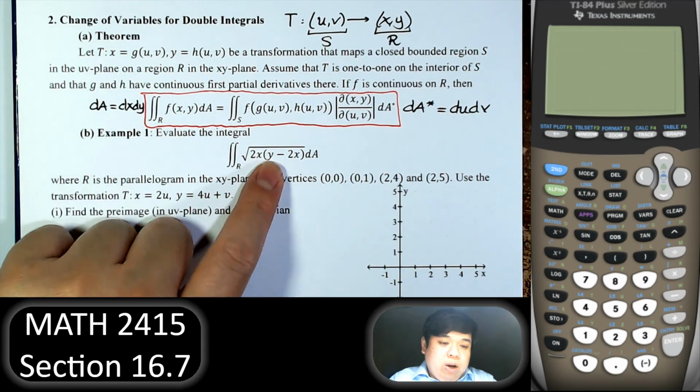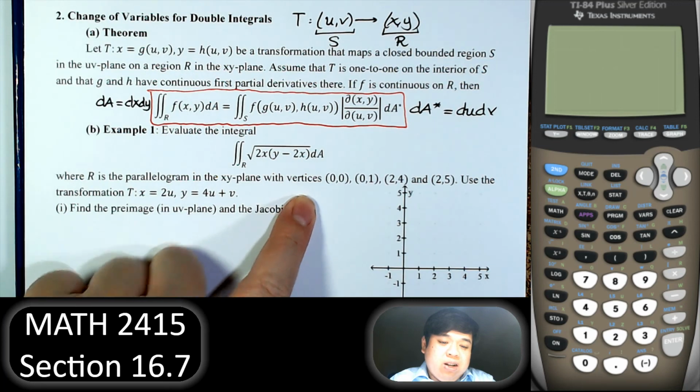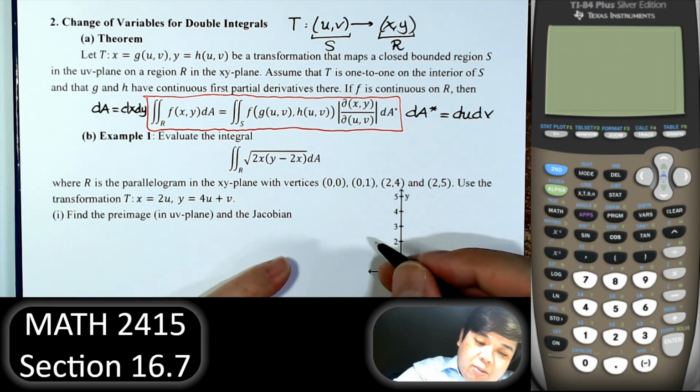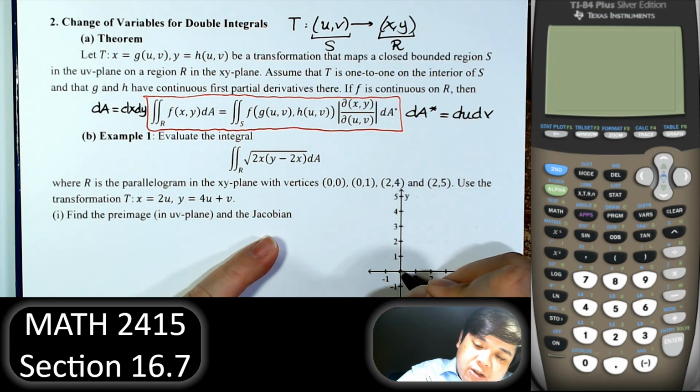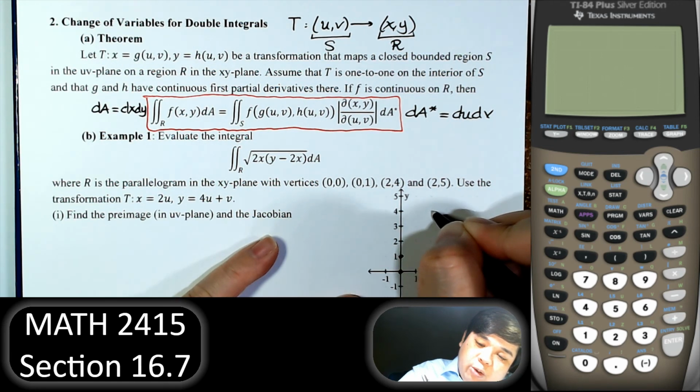Evaluate the integral. We have that integral where R is the parallelogram of xy with vertices. So we have this parallelogram: x equal to 0, y equal to 0; x equal to 0, y equal to 1; x equal to 2, y equal to 4; and then 2 and 5.